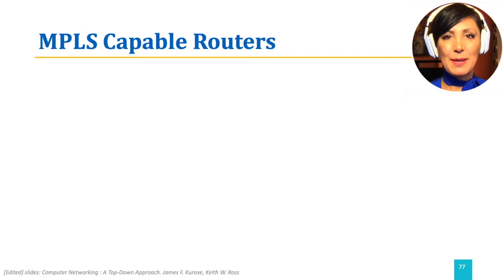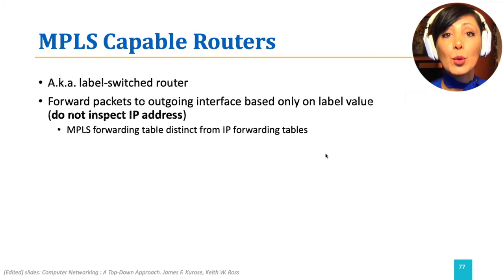An MPLS capable router, which is also called a label switch router, can perform switching based on the MPLS label only. This means that it forwards packets to the outgoing interface, deciding only based on the MPLS label value. For this purpose, it will not inspect IP address.